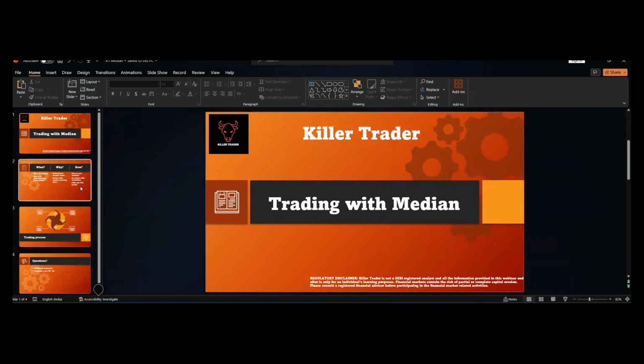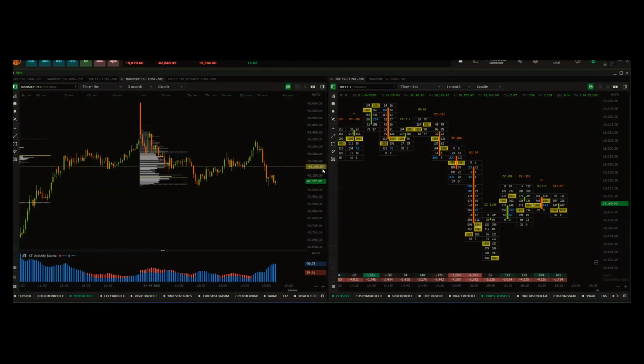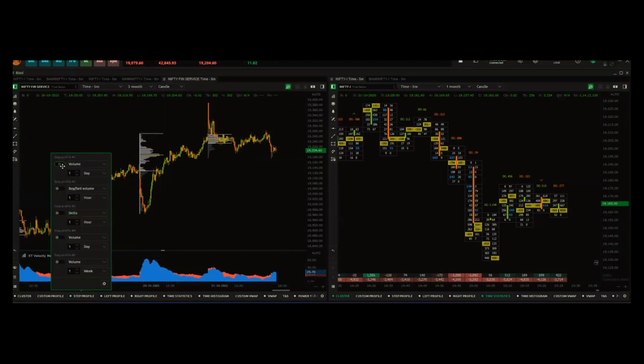Now, what is median and how is it different from pivot points? So, can everyone see my charts? So, let me disable volume profile for a moment.